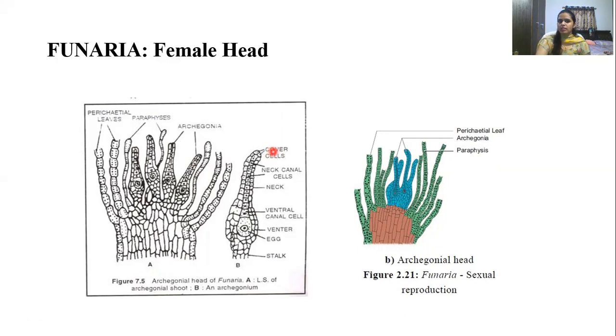The chemotactic substances produced in the archegonium are due to the disintegration of the neck canal cells and the cover cells, which produce malic acid and sugar as well as mucilage. So this helps the sperm to come towards the tip, enter inside the archegonium and fuse with the egg.